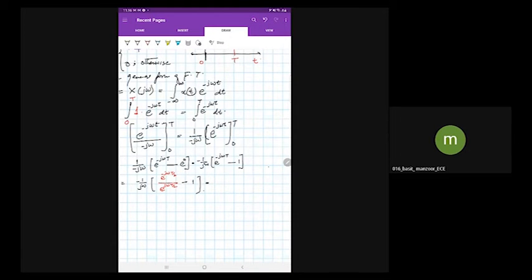Now we can write down this equation as minus 1 by j omega into e raised to power minus j omega t by 2 is at the top. Okay, and you have e raised to power j omega t in the bottom, so it will be multiplied by 1. So it will be e raised to power j omega t by 2 divided by e raised to power j omega t by 2.